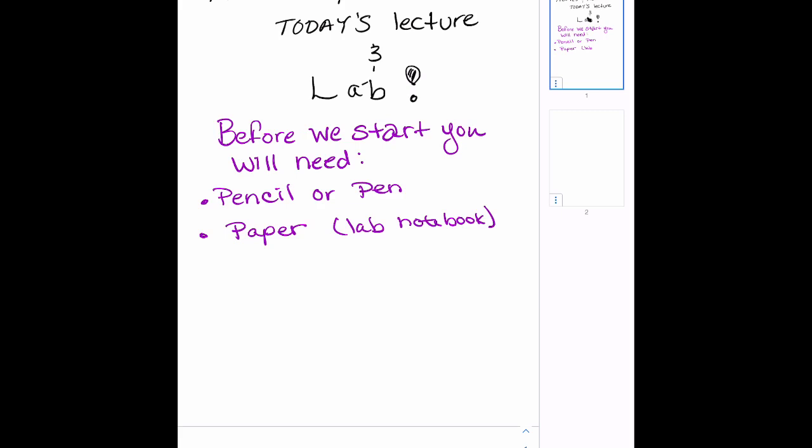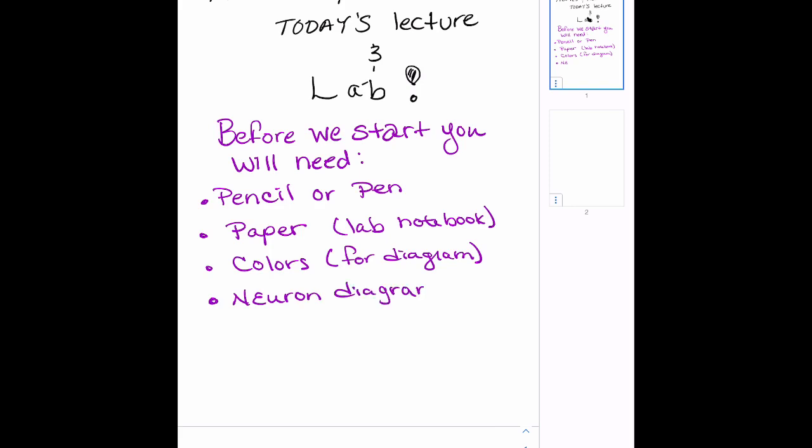And you're going to need some colors because we're going to color a diagram. And lastly, you're going to need that neuron diagram that you have in your packet. The one that looks kind of like this, got little things coming off of it like this.